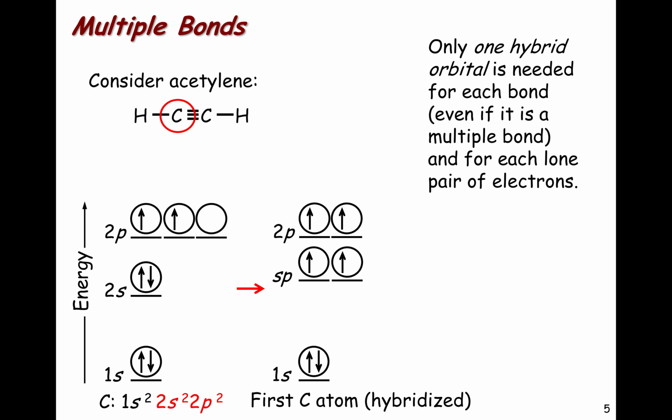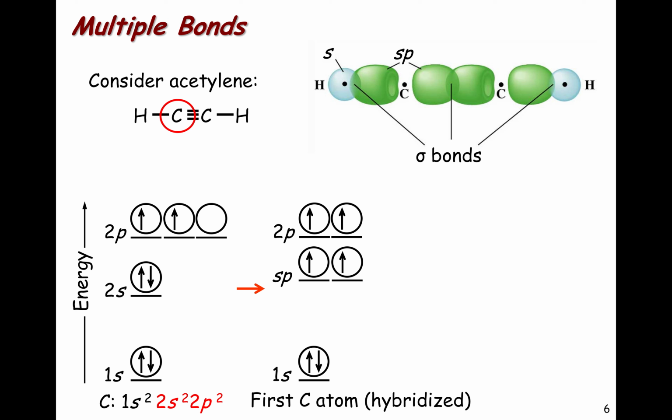And at this point, we can go ahead and make our sigma bonds. So there are 2 different kinds of sigma bonds that we're going to form. Each of the carbons is going to form a bond to a hydrogen, and so that will then pair up the hydrogen's electron with one of the sp orbitals on each of the carbons.